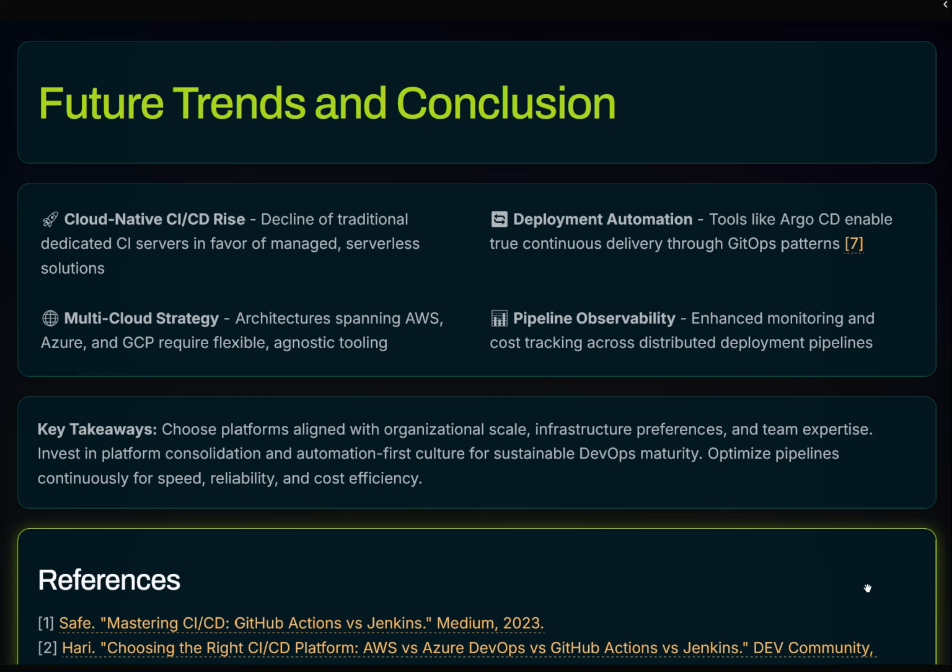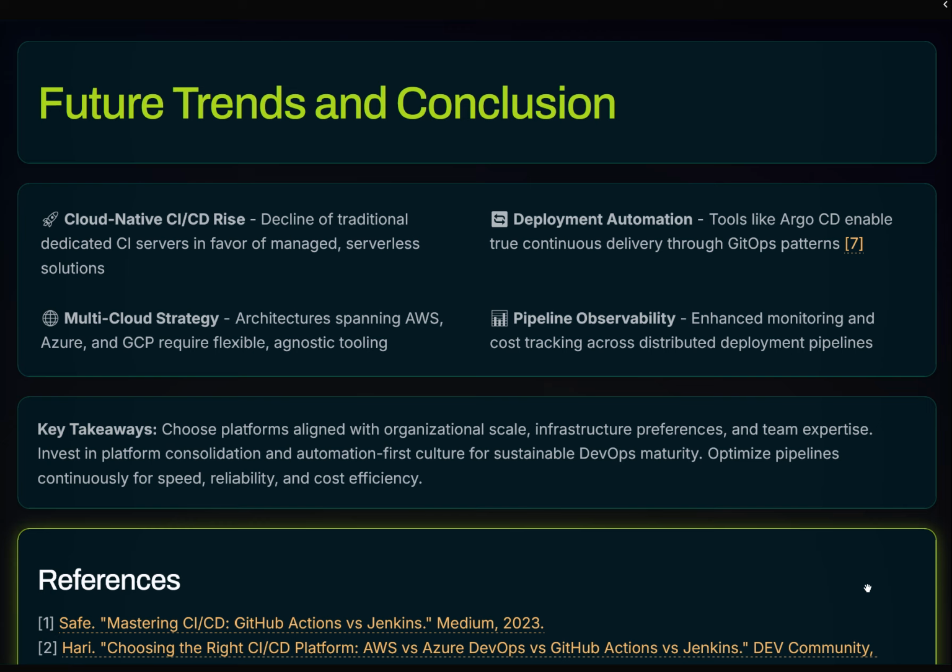Tools like Argo CD enable true continuous delivery through GitOps patterns. Multi-cloud strategy: architectures spanning AWS, Azure, and Google Cloud Platform require flexible, agnostic tooling, pipeline observability, enhanced monitoring, and cost tracking across distributed deployment pipelines.